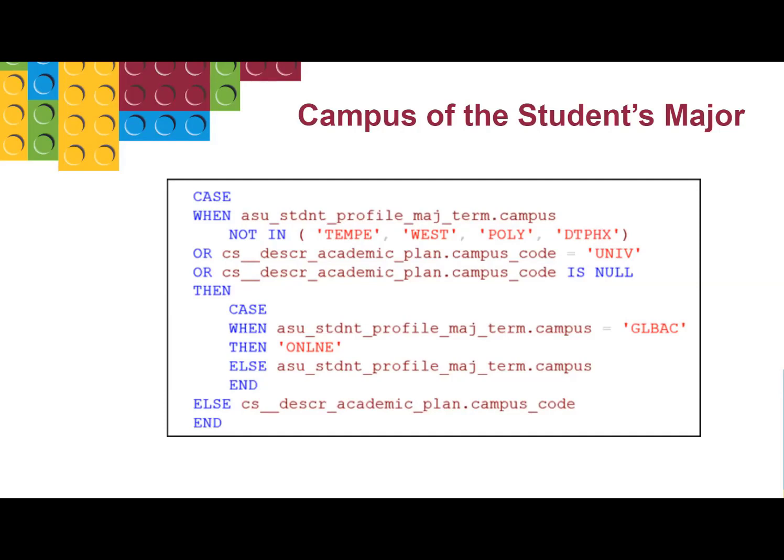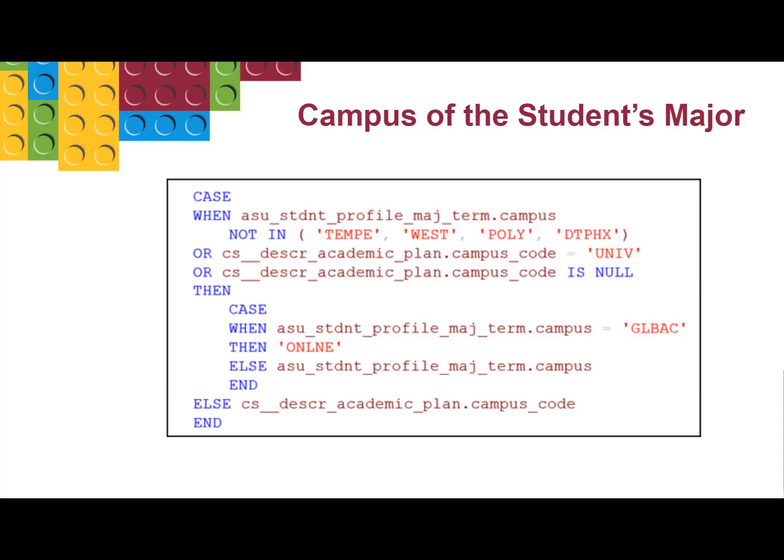So this formula is first looking at the campuses in the student profile major term that are not Tempe, West, Poly, or downtown, or where the campus census code is university or is null. Then, if the campus is GLBAC or Global Academy, we count them as online.